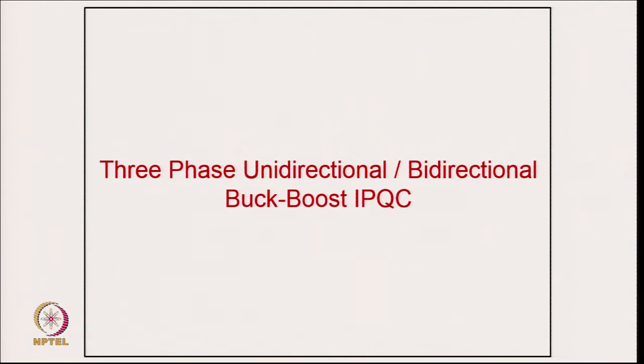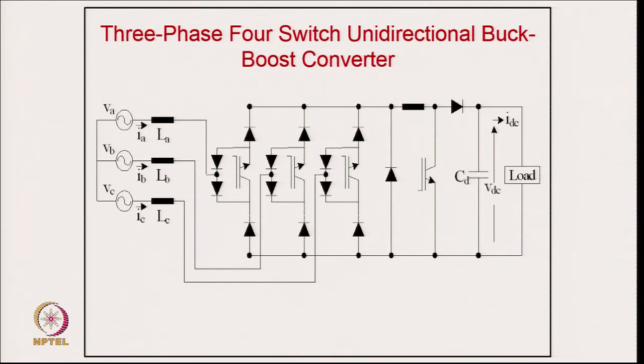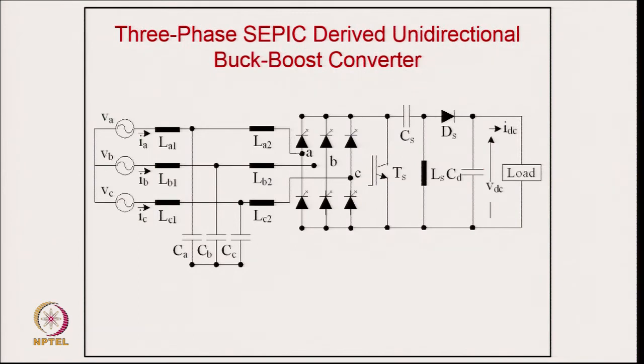Now, coming to 3 phase unidirectional and bidirectional buck boost converters, this is the buck operation followed by the boost operation for a buck boost unidirectional converter, and then this is a simple current source converter with LC filter.